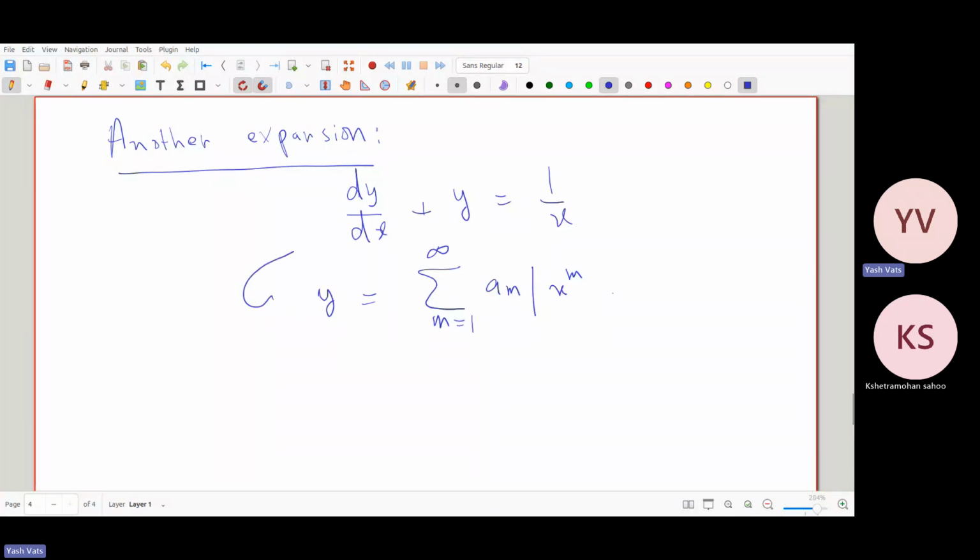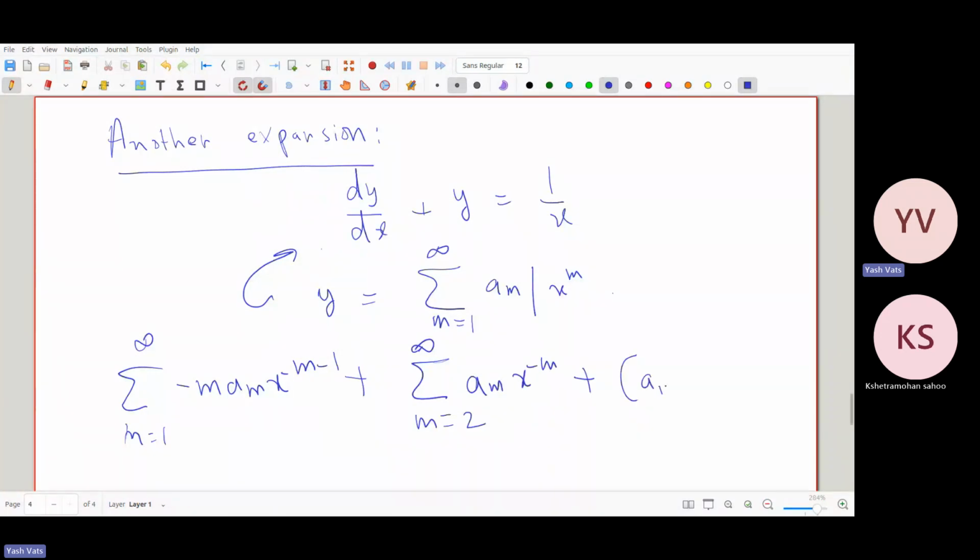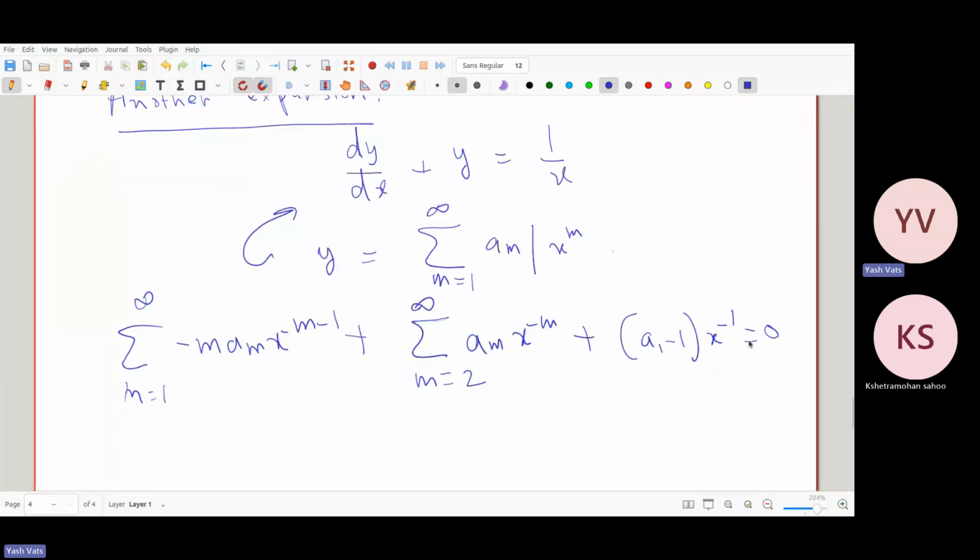So you substitute it there again. What do you get? Summation m equals 1 to infinity minus a_m x to the power minus m minus 1, plus summation m equals 2 to infinity a_m x to the power minus m, plus a1 minus 1 x to the power minus 1 equals 0.